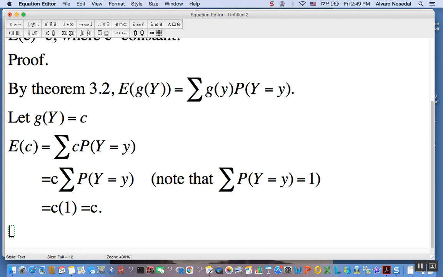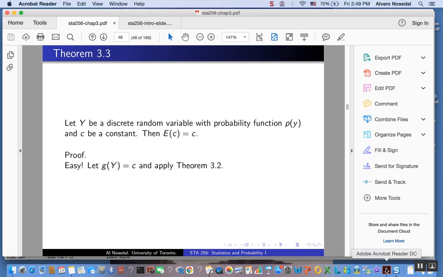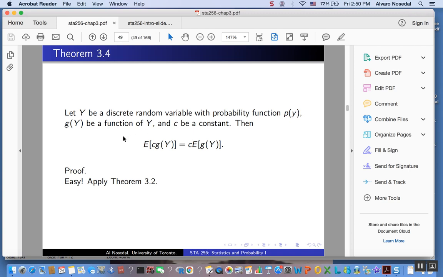Okay, next result. In this case, it's similar to what we just did. What we have is, if you have a constant that is multiplying a generic transformation of y, then if you want the expected value, it turns out that you can pull out that constant.